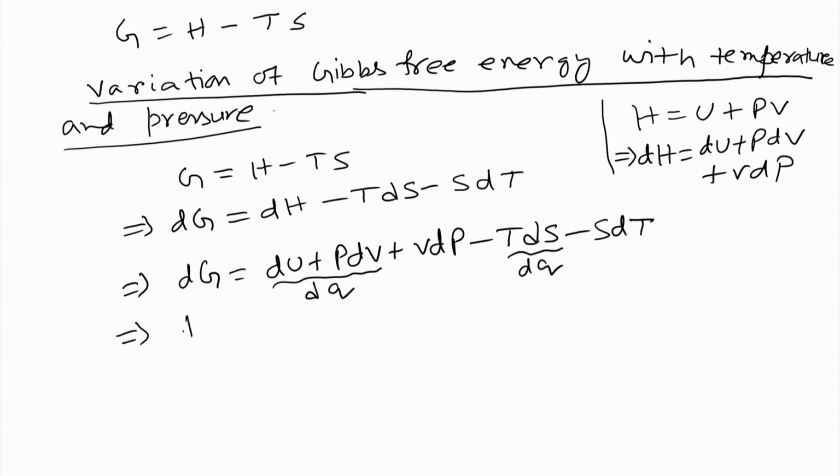So we write dG is dq plus V dP minus T dS minus S dT.